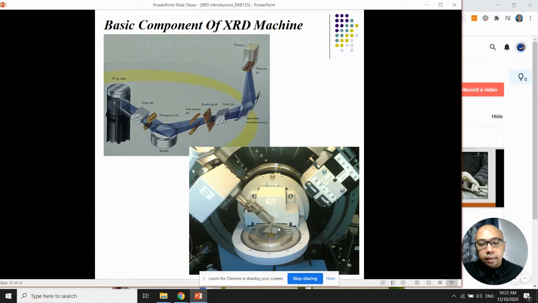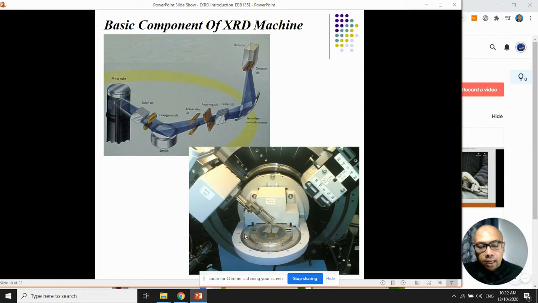This one is the actual setup in our laboratory for the XRD machine. The left side from my screen is the X-ray source, then this one is the detector, and this one is the sample holder or sample stage.